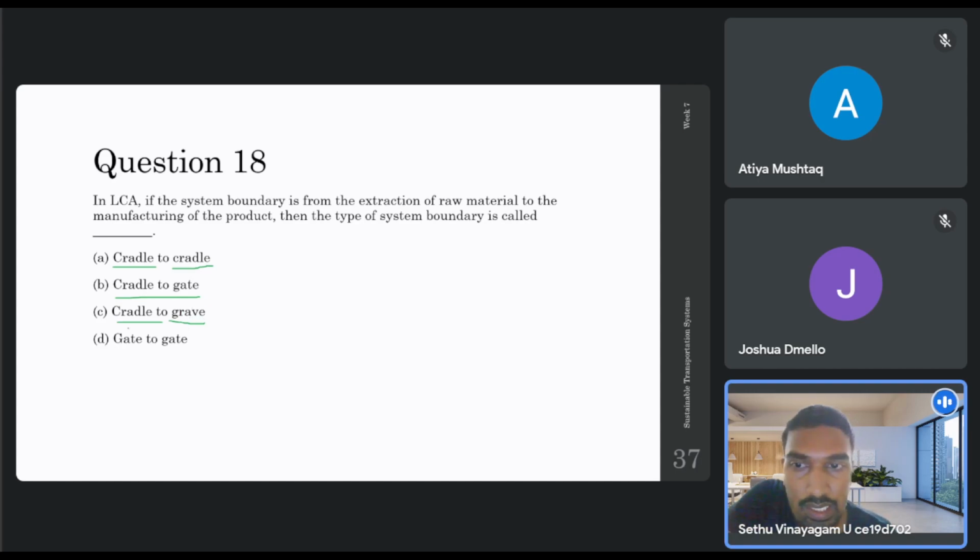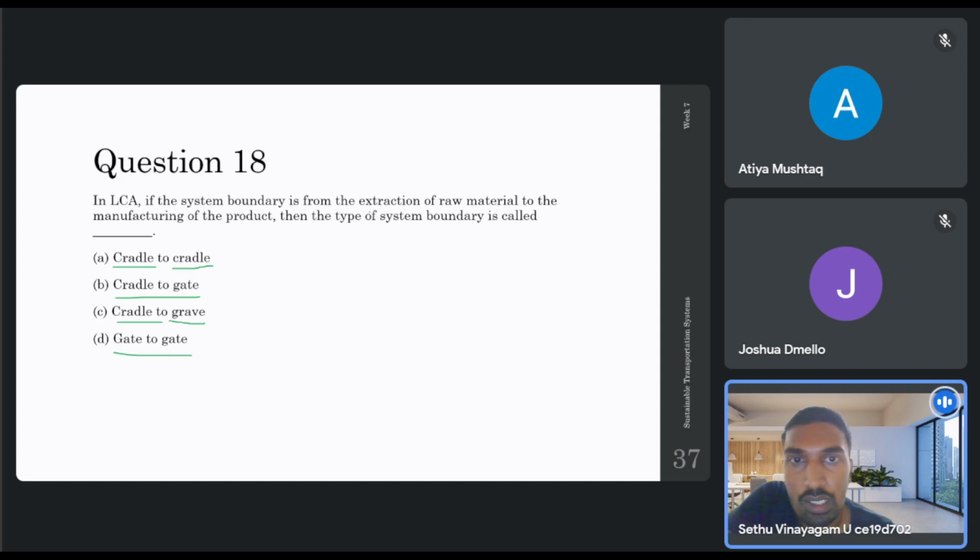Whereas gate to gate is more restricted. You're looking only at the manufacturing part, so you're not concerned about the impacts of raw material extraction and the associated distribution and transportation. You only look at when the materials enter the factory and when the product leaves the factory. If you're only analyzing that portion, it is called a gate to gate boundary, right?